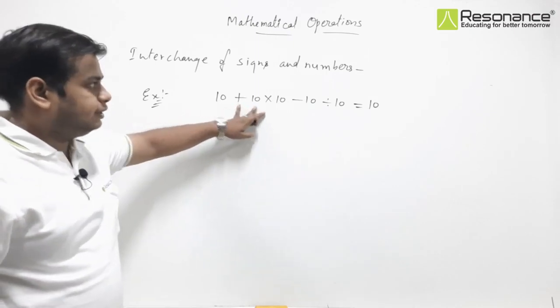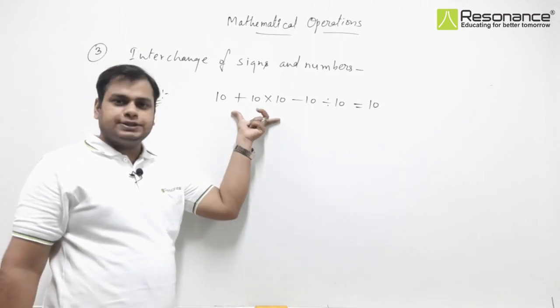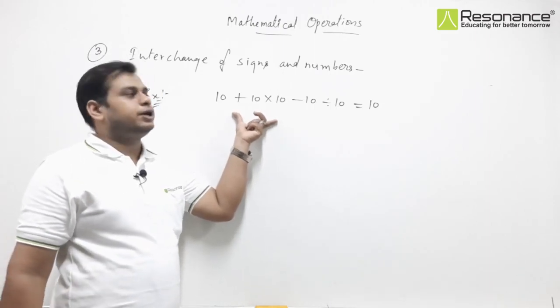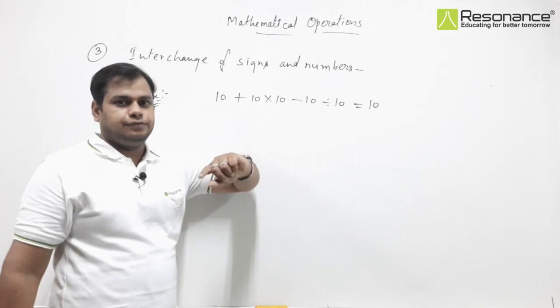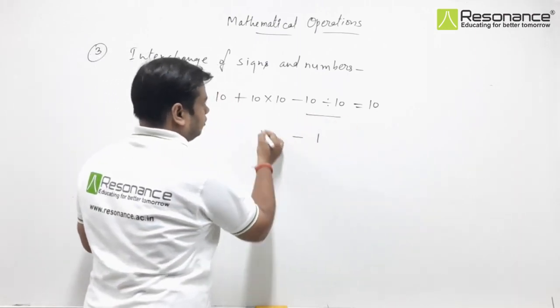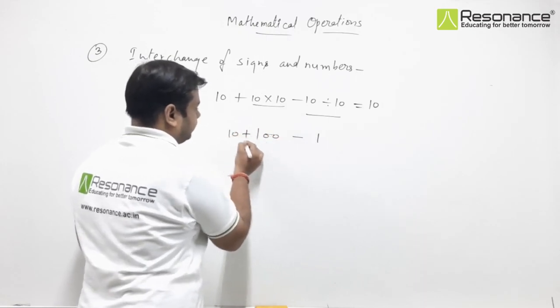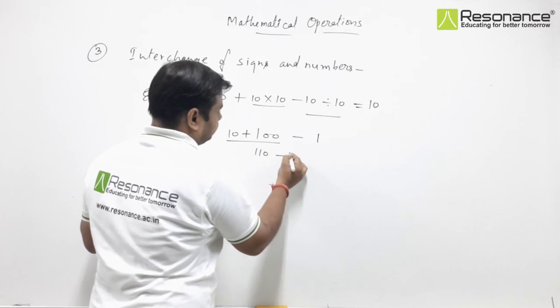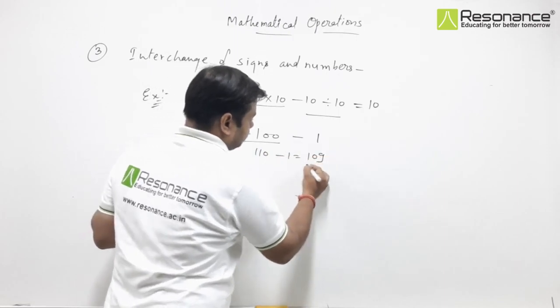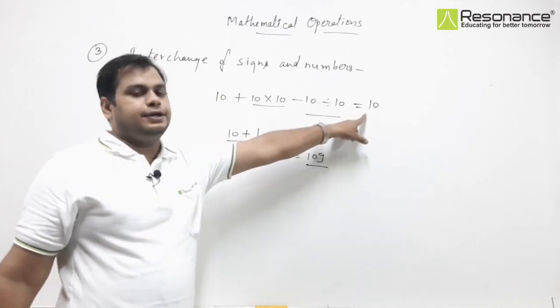We have an equation and the equal sign is given as 10, but if we solve this equation, we don't get the solution 10. We can see 10 divided by 10 will give us 1, 10 multiplied by 10 will give us 100, plus 10 gives 110, minus 1 is 109. But we have 10 here.